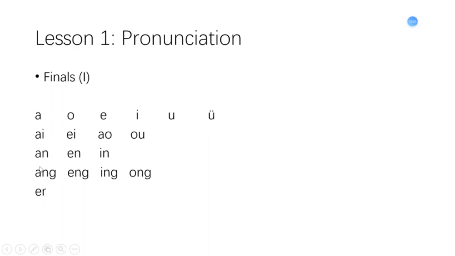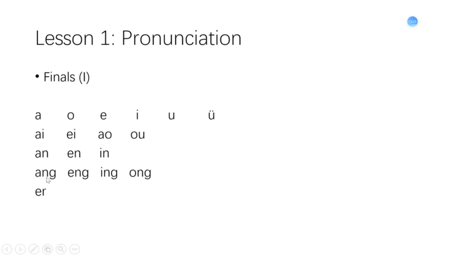Okay, so compared to this group, each one here has a g at the end. So these are the back nasal finals. This is the front nasal finals, and this group is the back nasal finals.